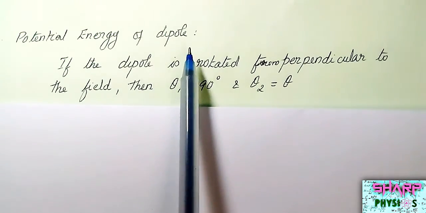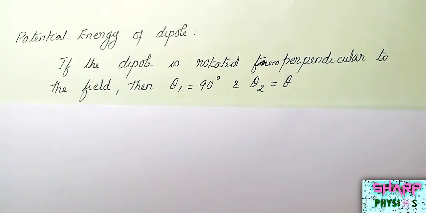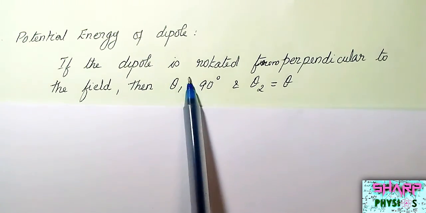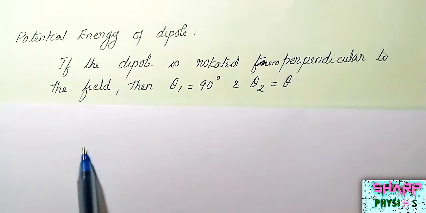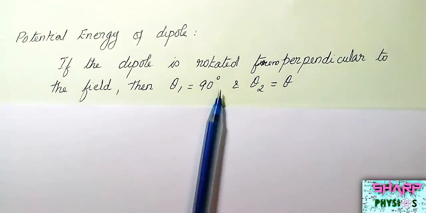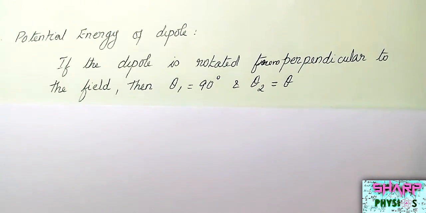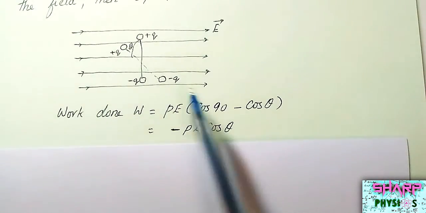Potential energy of a dipole. In the previous case it had an angle of rotation theta. Now it is rotated from the perpendicular position. If the dipole is rotated from perpendicular to the field, then theta 1 is equal to 90 degrees and theta 2 is equal to theta.